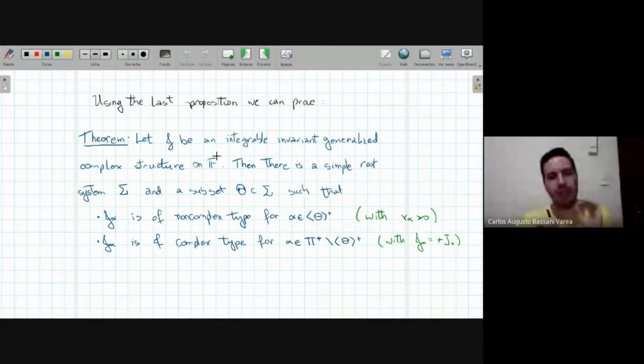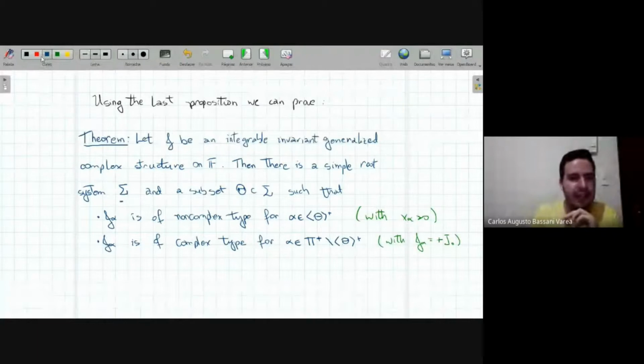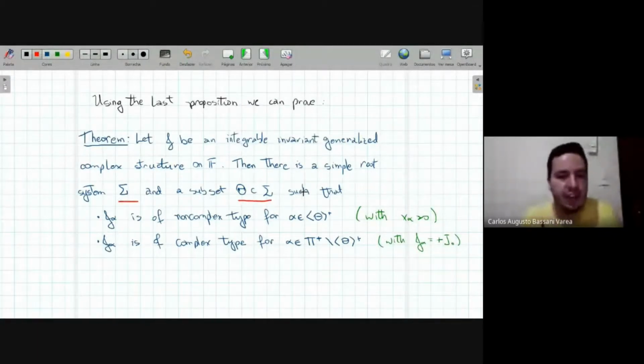When we have J an integrable invariant generalized complex structure, then there exists a simple root system, sigma, and a subset theta of sigma, such that J alpha is of non-complex type for the roots inside the span generated by theta.